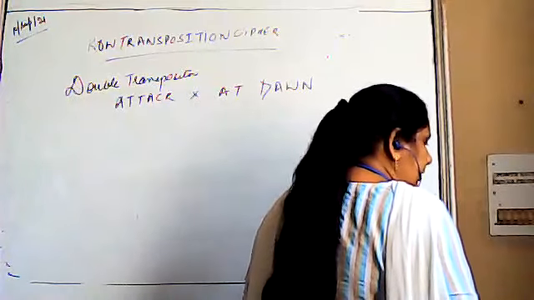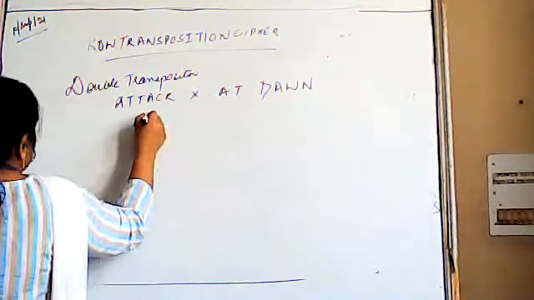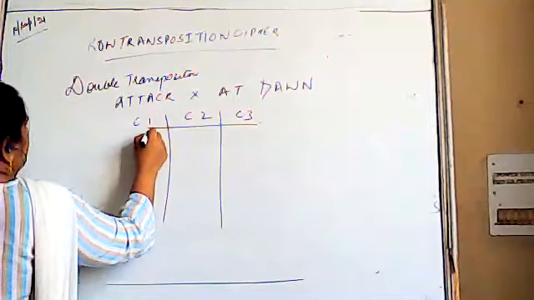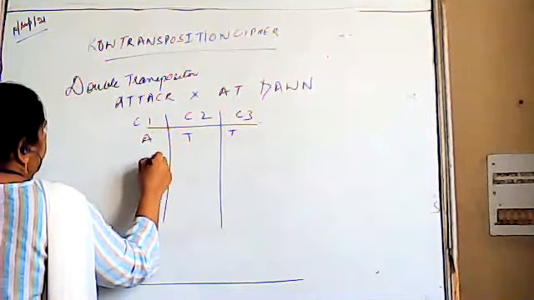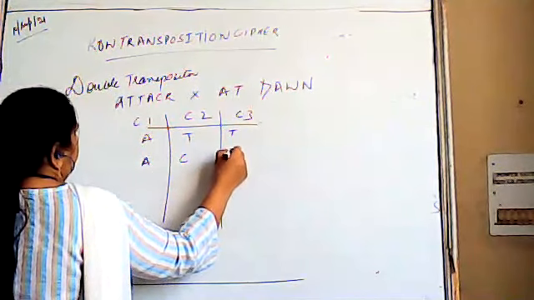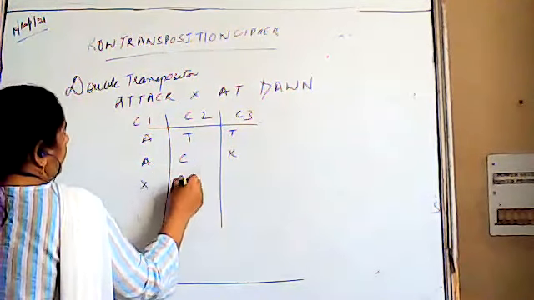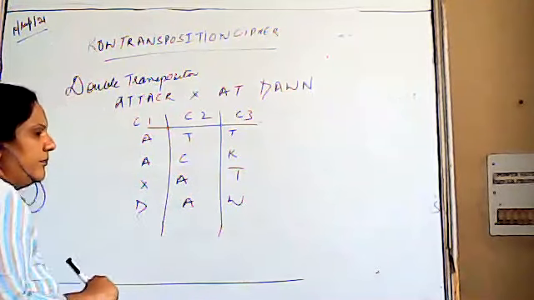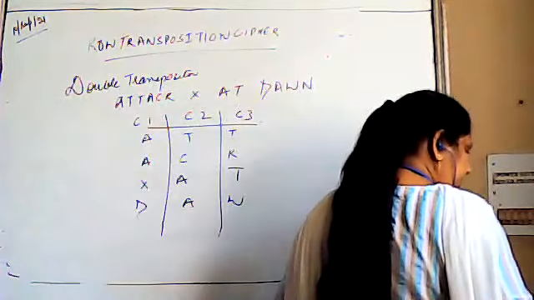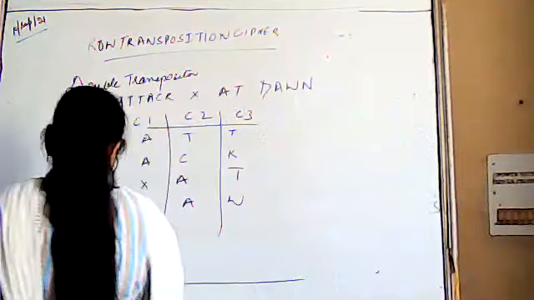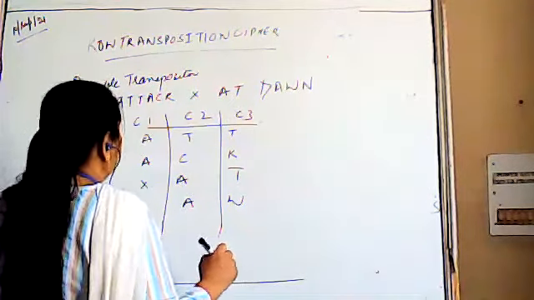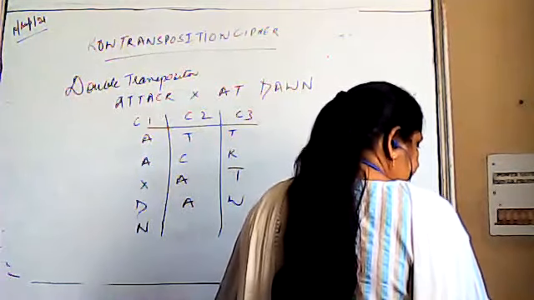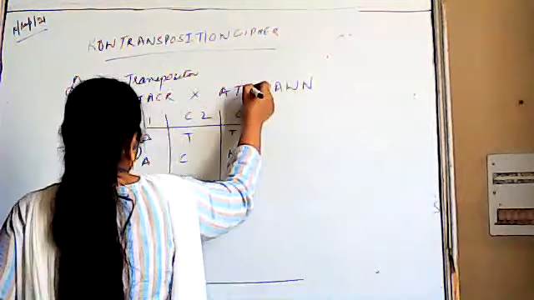Now what you will do is you will write the columns C1, C2, C3. Attack X at DAW.